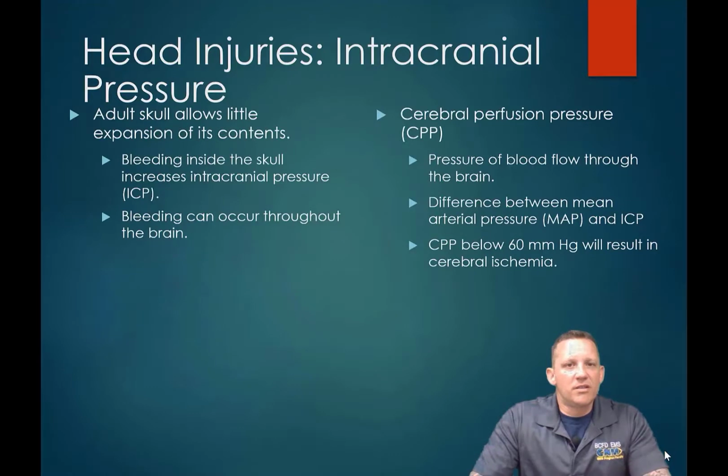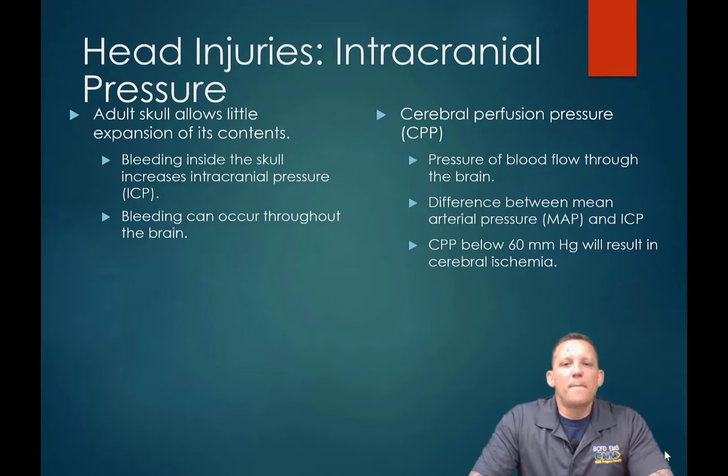Pushing forward, the adult skull allows very little expansion of its contents, and that's because all of the major cranial bones have fused along those fissures. The bleeding inside the skull increases ICP. The bleeding can occur throughout the brain, and the cerebral perfusion pressure is a measurement of blood flow through the brain.